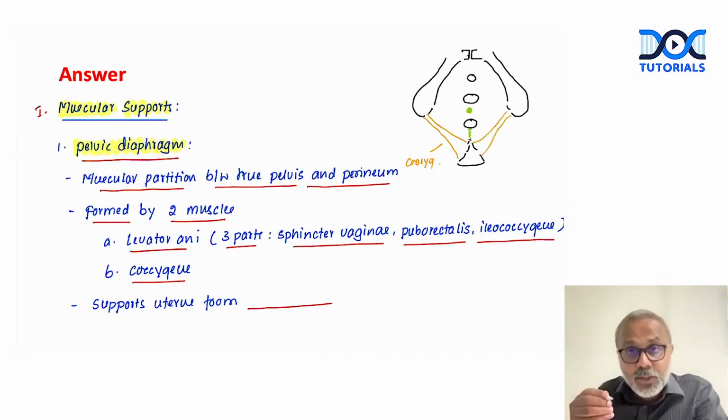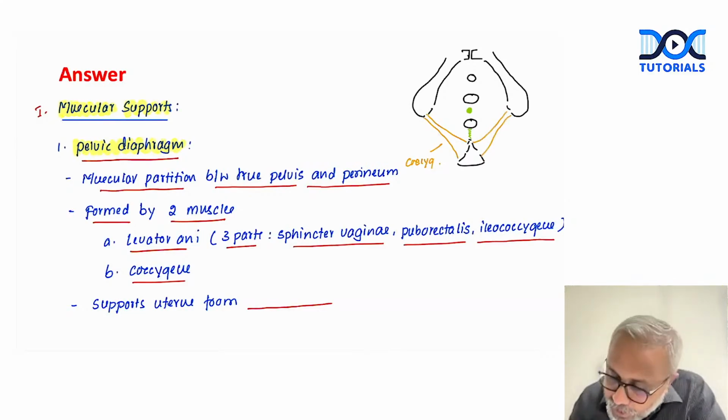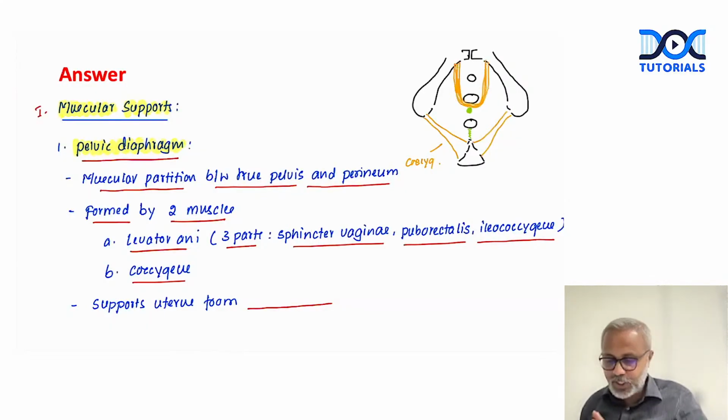Now, we need to draw the outline of levator ani. So levator ani first, let's say will have what? The sphincter vaginae. So first draw the outline of the sphincter vaginae surrounding what? Surrounding the vagina, right? That is sphincter vaginae.